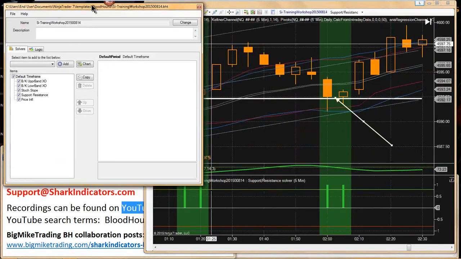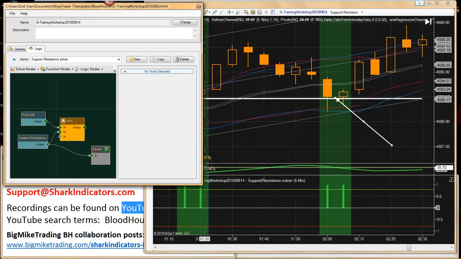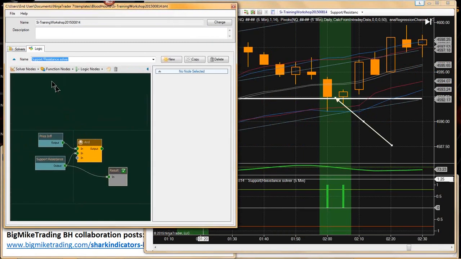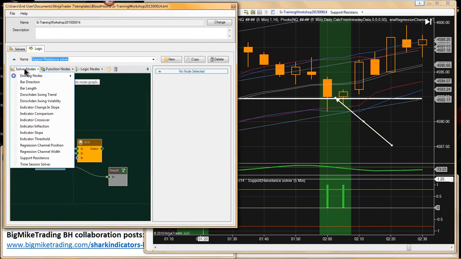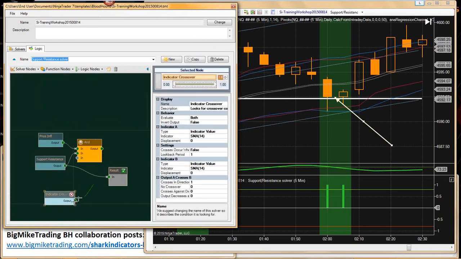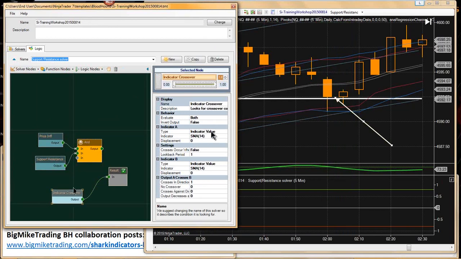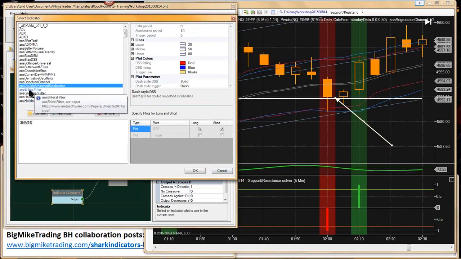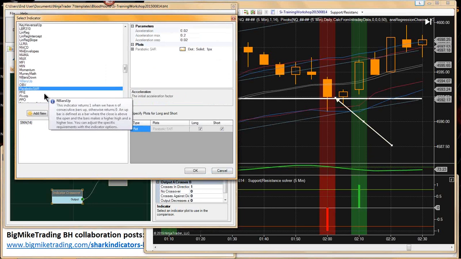probably what you want is a crossover solver. Let's grab a crossover solver, and we'll set A to price. We'll just use the closing price, and we'll find out when the closing price crosses our pivot line here.